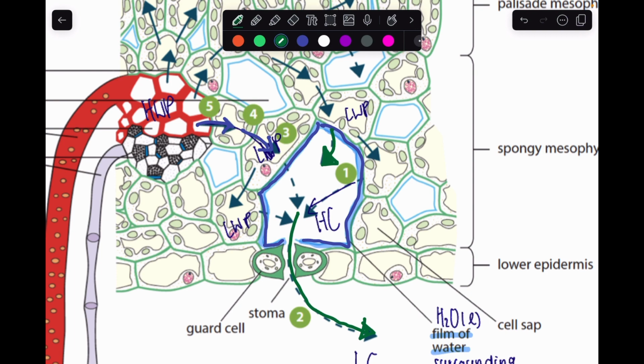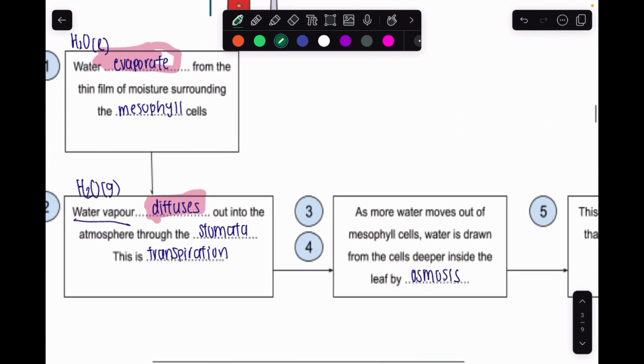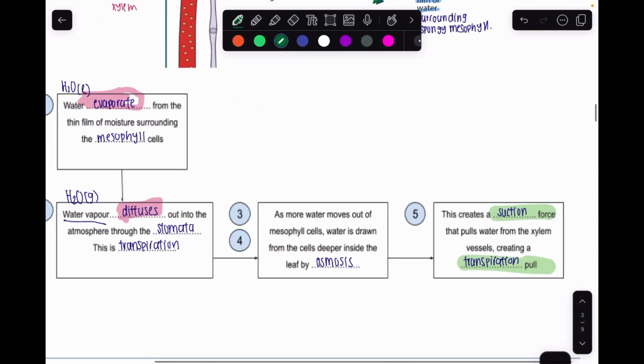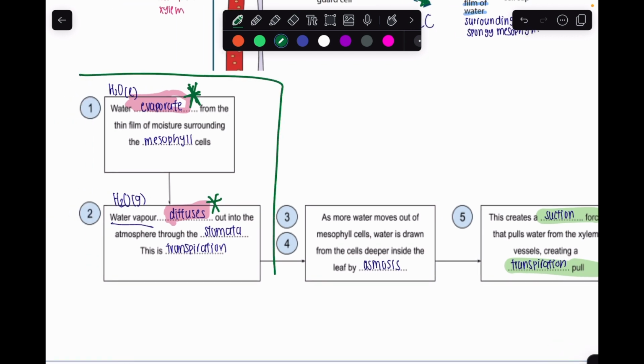So when you think about transpiration, do remember this picture and all these processes. First you have evaporation, and then you have diffusion of the water vapor out of the stomata.